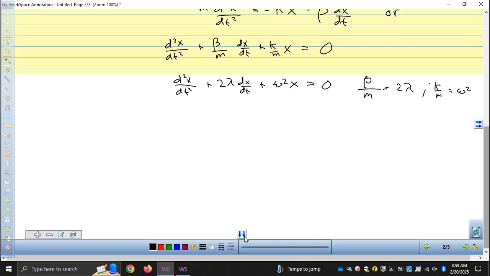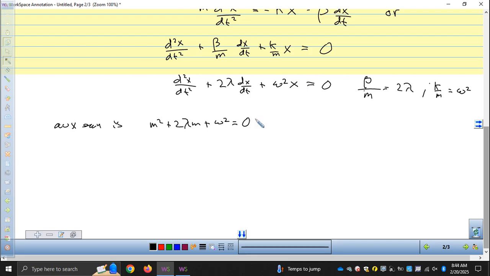The 2 lambda and the omega squared just make our algebra come out nicer. So our auxiliary equation in this case is m squared plus 2 lambda m plus omega squared equals 0.